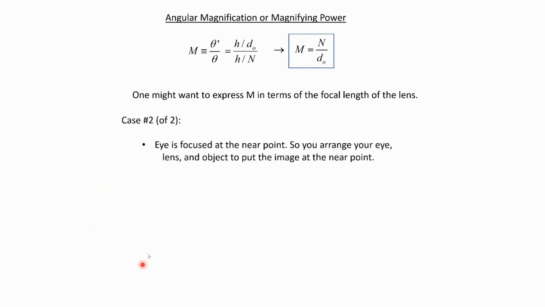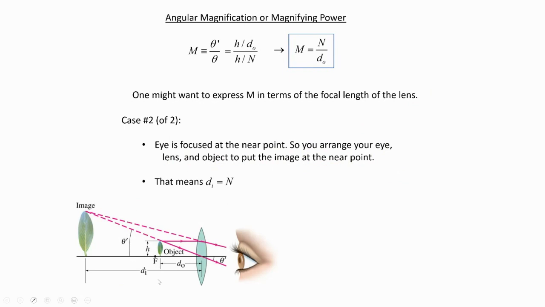The other case that we mentioned was you could focus your eye at the near point and have the image at the near point. So you arrange the eye, the lens, and the object to put the image at the near point. That means the image distance is equal to the near point. That was this situation here. Okay, so now we can get the object distance from the lens equation.